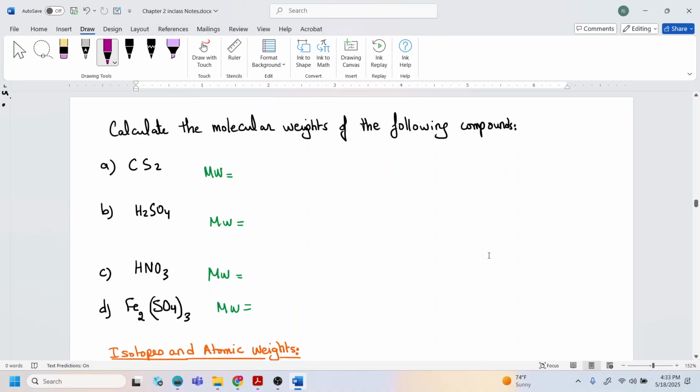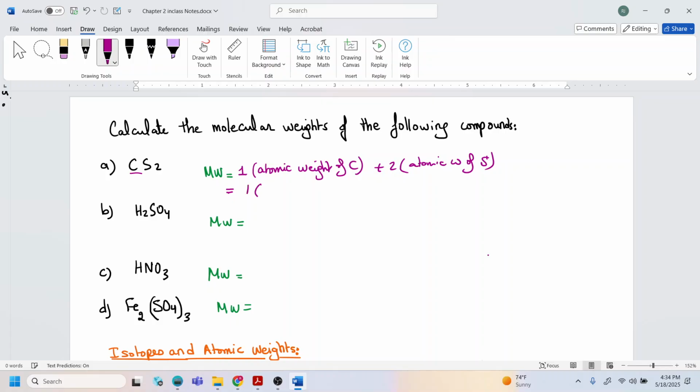Let's do more examples over here. Carbon disulfide, the molecular weight, you have one carbon, so it's 1 times the atomic weight of carbon plus 2 times the atomic weight of sulfur. You go to the periodic table, figure those out. These are the mass numbers.